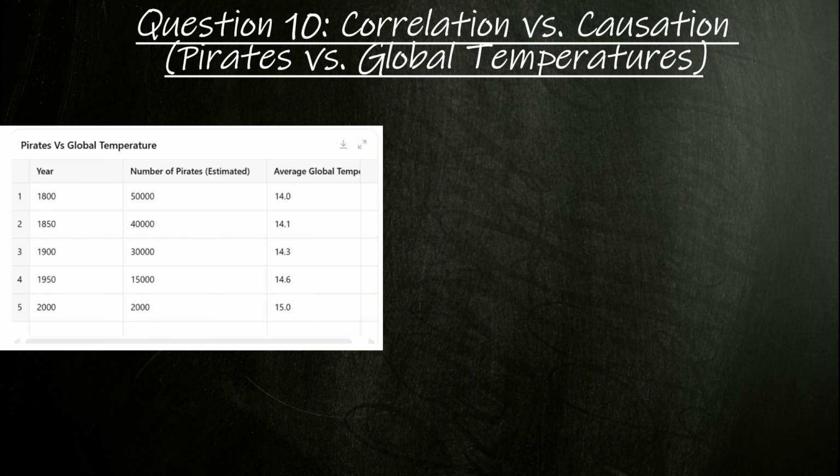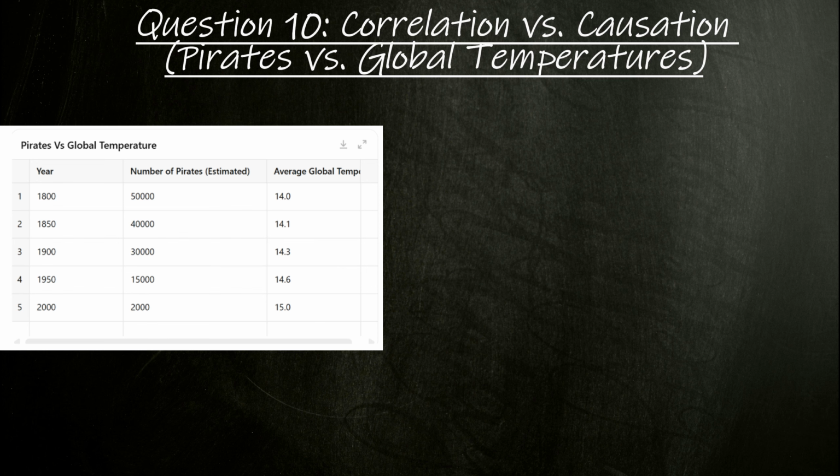The second column, number of pirates, estimated, tells us how many pirates were believed to exist in each of those years. If we follow the numbers down, we can see that in 1800, there were 50,000 pirates, but by 2000, there were only 2,000. This means the number of pirates has gone down over time. The third column, average global temperature degrees Celsius, shows the Earth's temperature in each of those years.